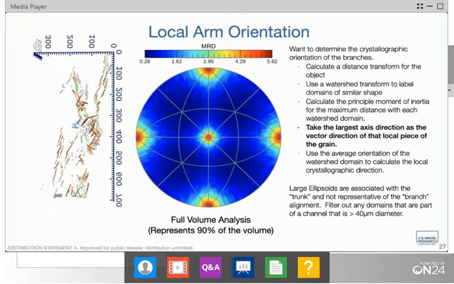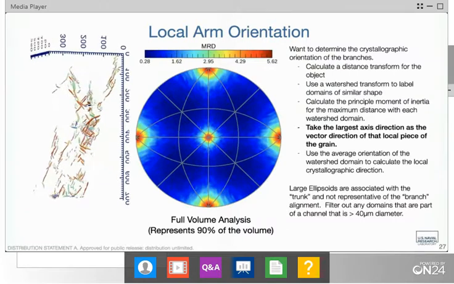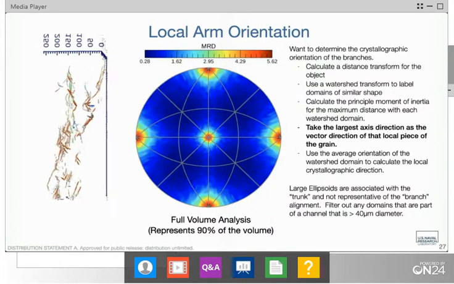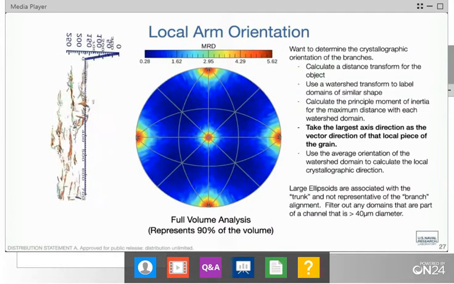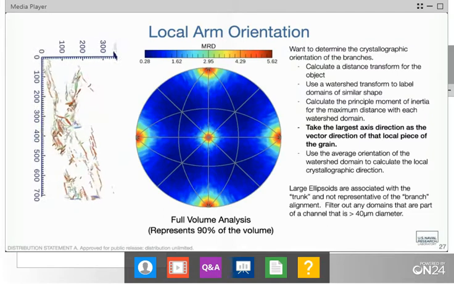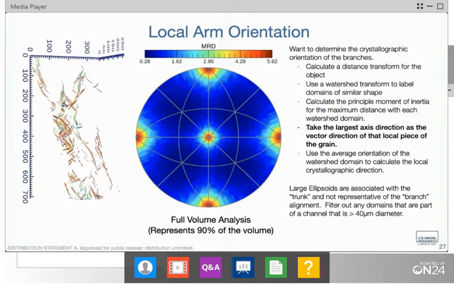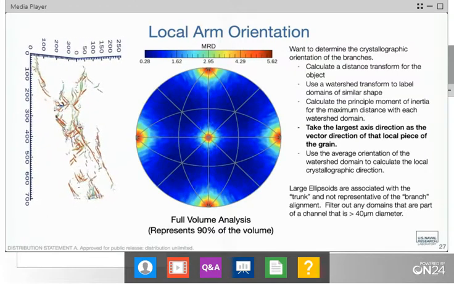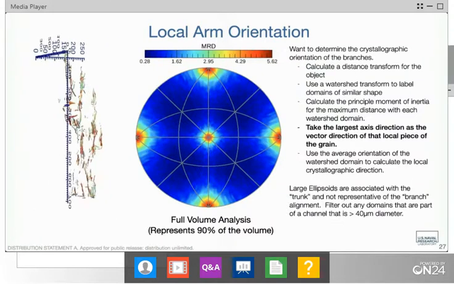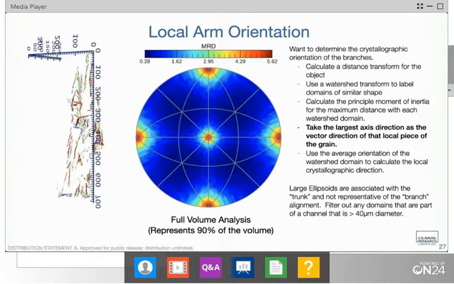So, the next question is about the Hall-Petch relationship and how it can be applied to additive alloys. I think that's one of the things our work really brings out: how do we properly look at something like a Hall-Petch relationship? My suggestion is that we need a different size metric.